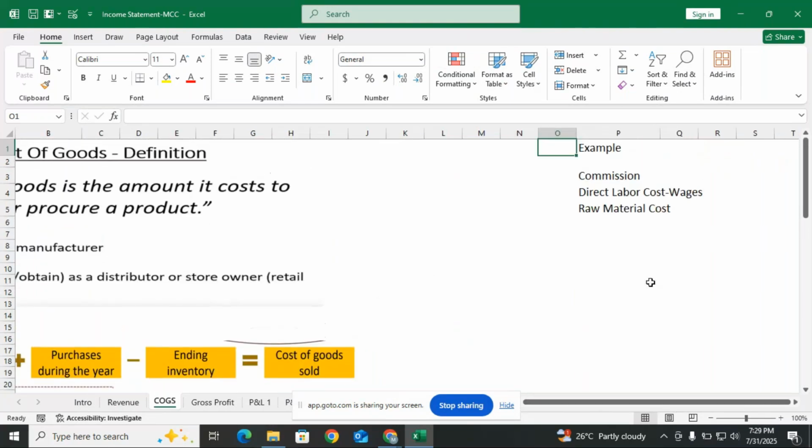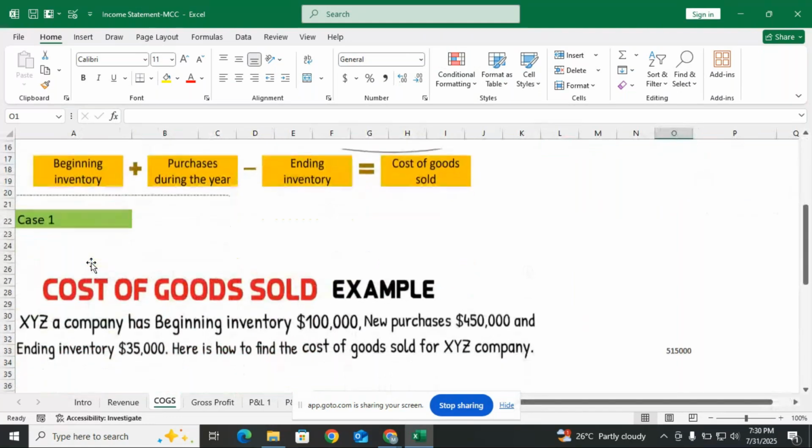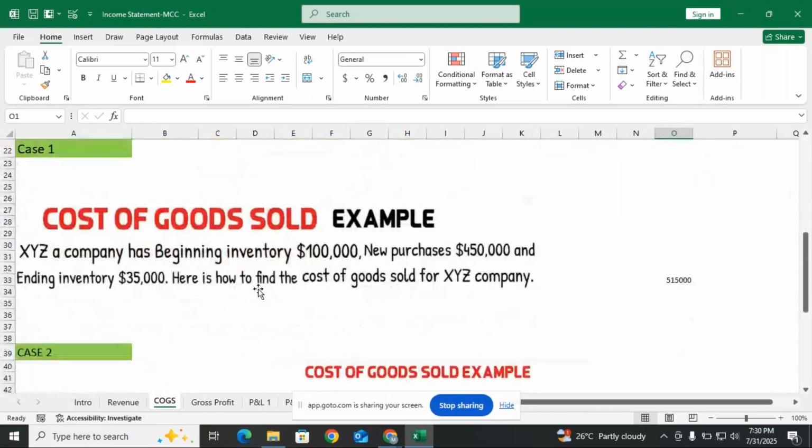Okay, and here, if you come to case one, XYZ is a company which has a beginning inventory of 1 lakh, made purchases worth 4 lakh 50,000, and the closing stock is 35,000. So here, how do you find the cost of goods sold?